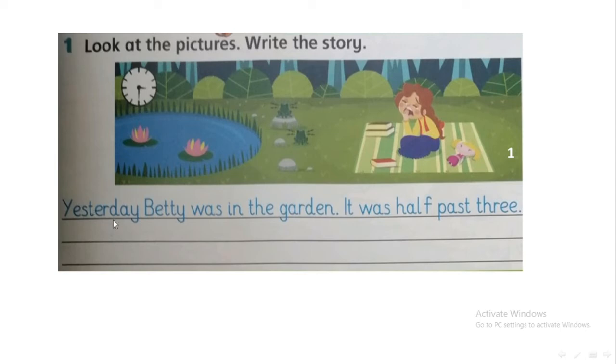Yesterday Betty was in the garden. What is the time? It is 3:30. Betty was sleepy. There were two small frogs next to the pond. They were noisy.